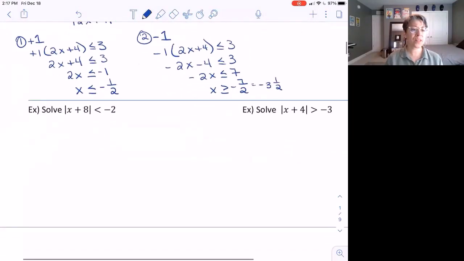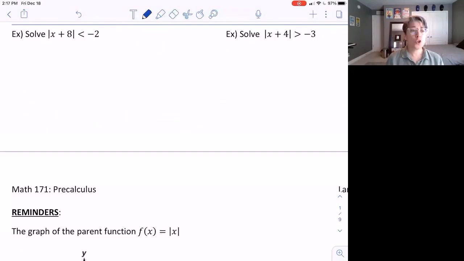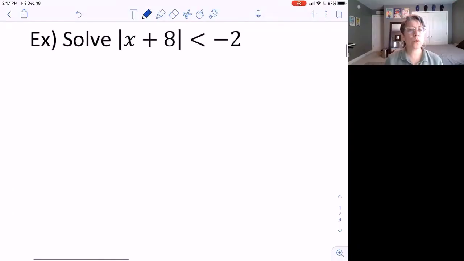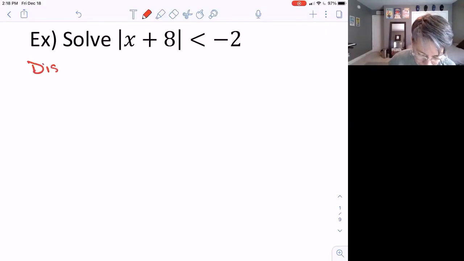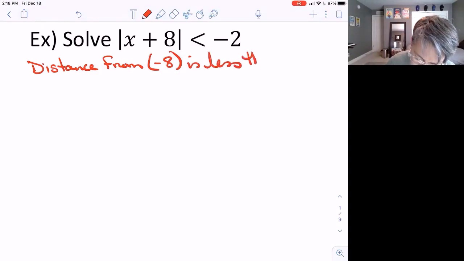All right, so the next couple of examples here are kind of unique. Notice the example here on the left. We want to solve an absolute value that is less than negative 2. What this is saying is the distance from a negative 8, because we don't have the subtraction, is less than negative 2.